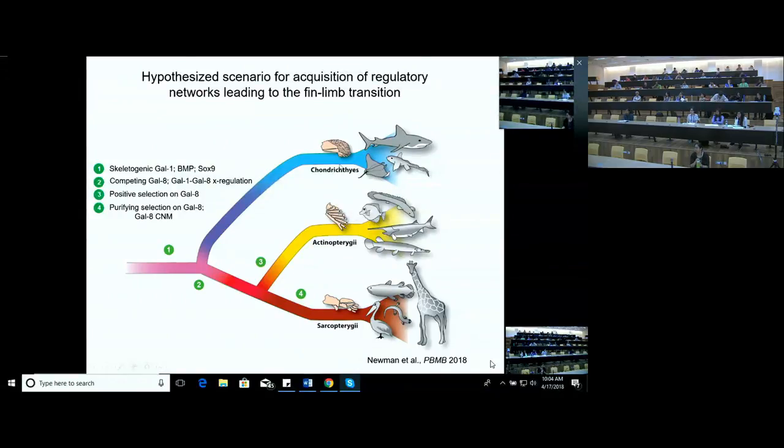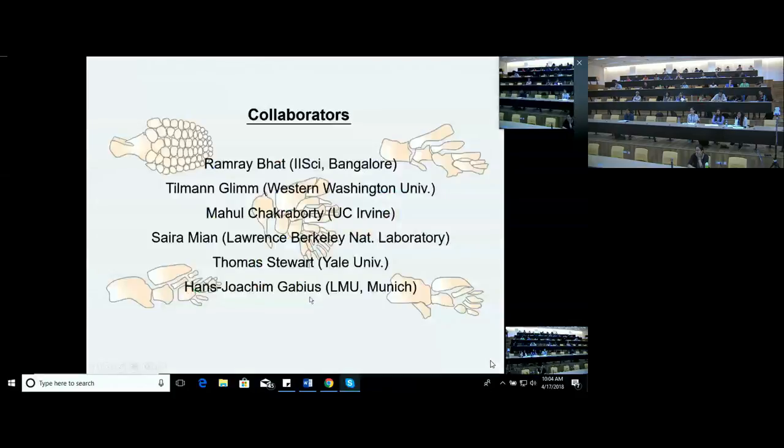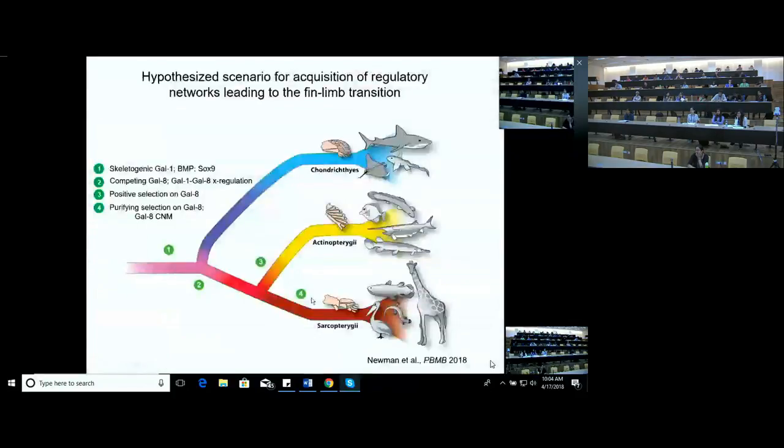It's not stereotypical in the sense that the Sarcopterygians are. At 4, we get purifying selection on galectin-8, making it increasingly competitive with galectin-1A. And we get the galectin-8 conserved non-coding module. And then this allows us to have proximal-distal development in the limbs.